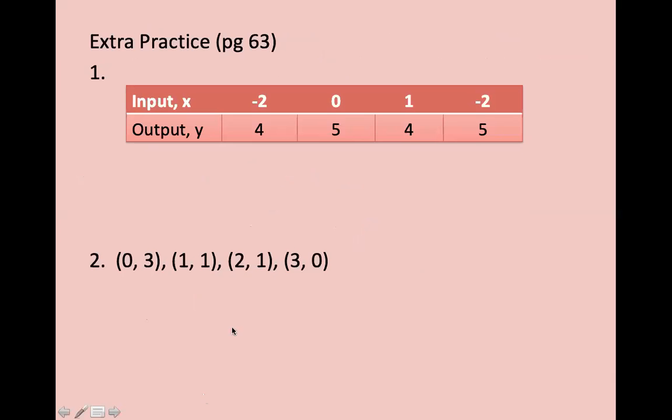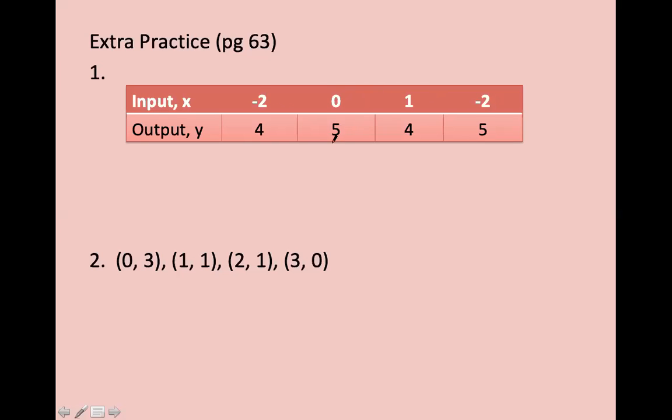Remember I mentioned earlier, and I better get a different color because red's not going to show up on there. Let's go with blue. One of the things we're looking for to decide whether or not a relation is a function is to see if any of our x values repeat.